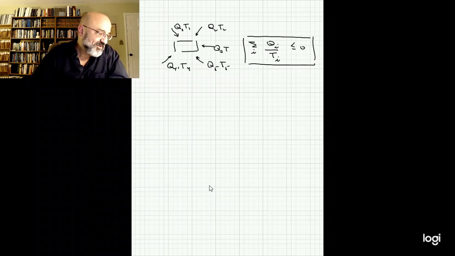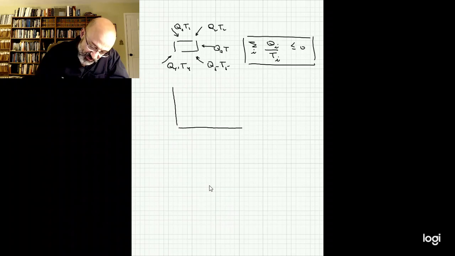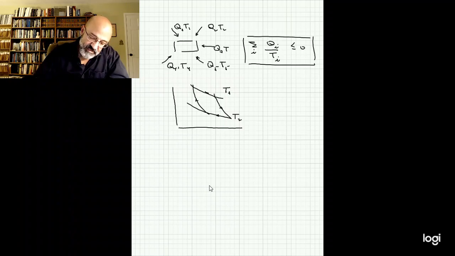And the way you might actually think about this is as follows. If you have just two reservoirs, and this is T1 and this is T2, and these are the isotherms, and then you have the adiabats, the cycle for the engine would be something like this, right?